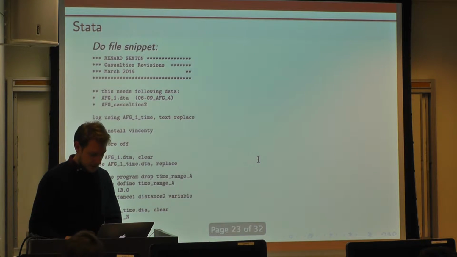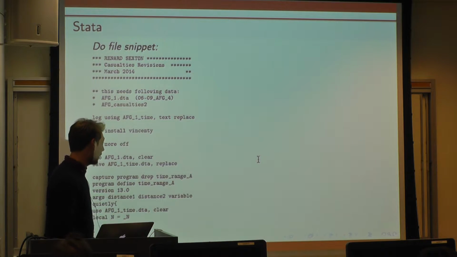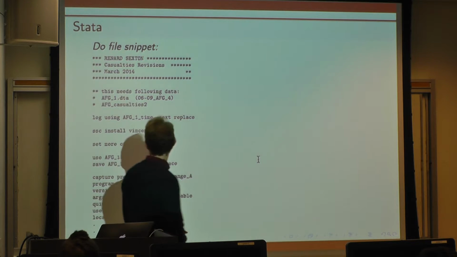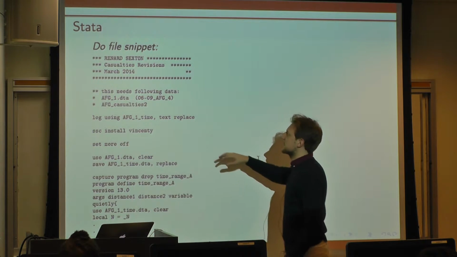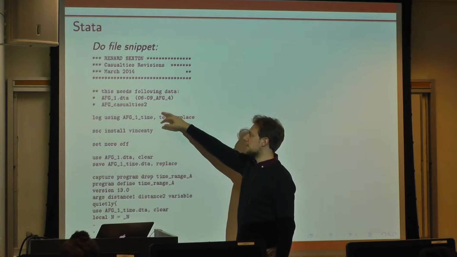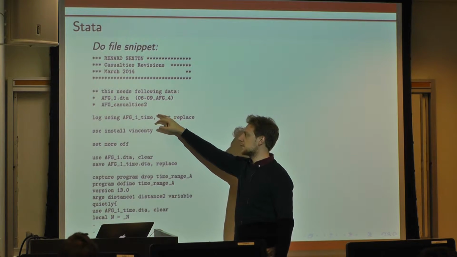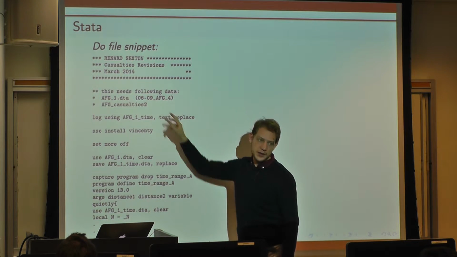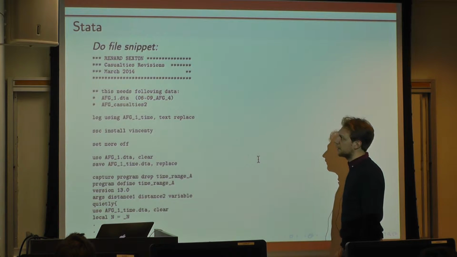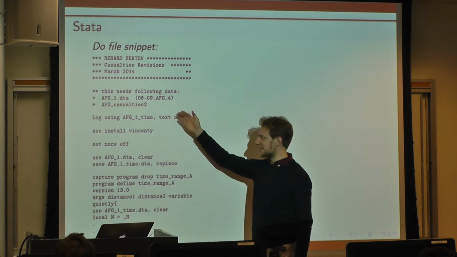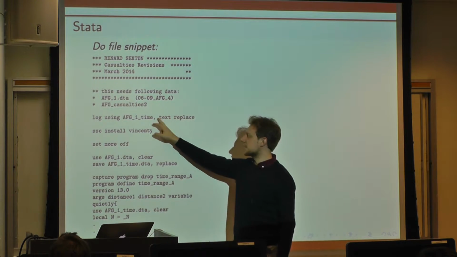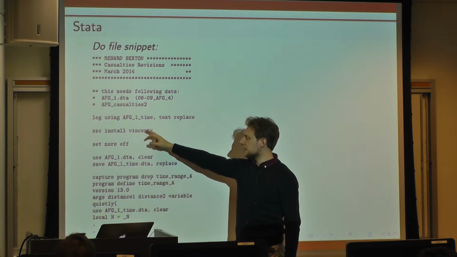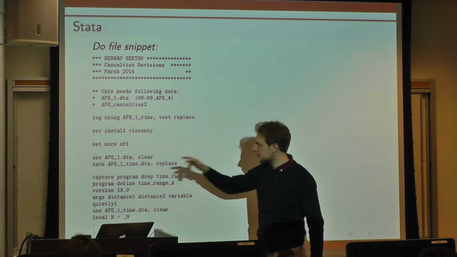Okay, so here's a do file snippet for a project that I ran on the cluster. This is what the project is. And then for each one, I always stick in some comments about what data are needed so that you can check and make sure that you aren't trying to run something that you don't actually have the data loaded in. Setting up the log file, installing the package that I needed, all this.